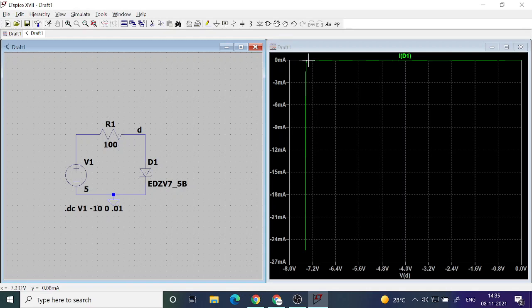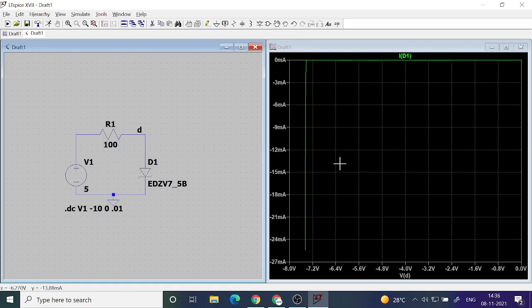You see there is a voltage at which the current abruptly increases. That voltage is the Zener breakdown voltage, and it is very clear here that it is happening at around -7.5.